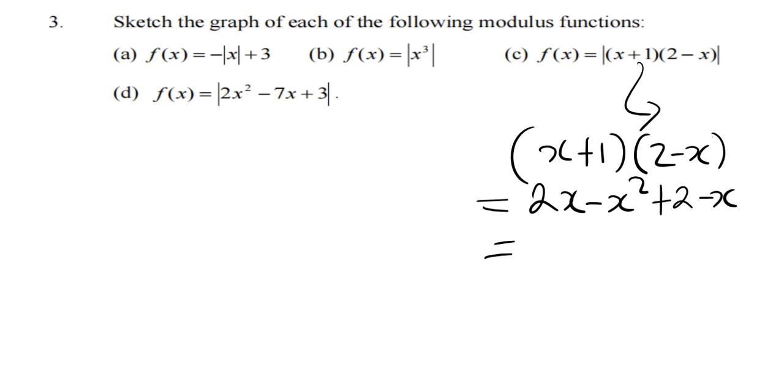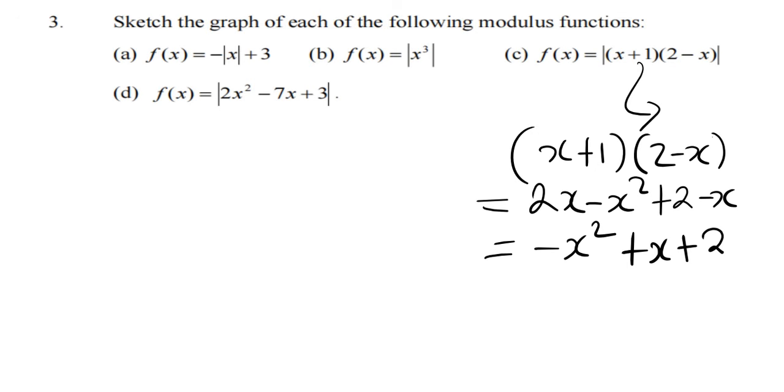Then from there, of course, I'm supposed to add the like terms. I've got 2x and a negative x. Okay, so I'm going to just write it in the normal way, negative x squared. Now 2x minus x, that will give me a positive x. So positive x plus a 2.